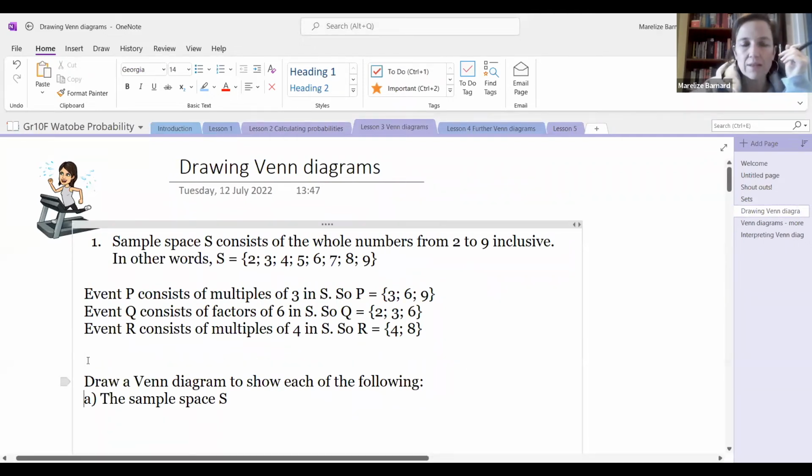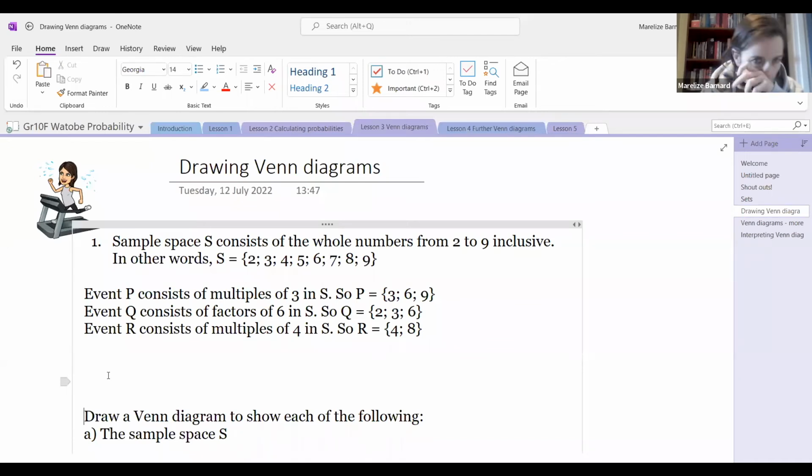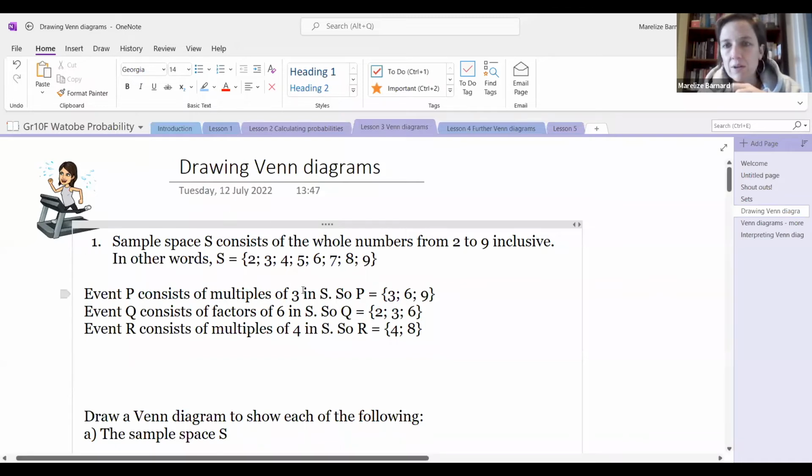Just read the set and the events, the sample space and the events. Okay, Nyasha, you have a question? Go for it. Everyone else, just keep reading.